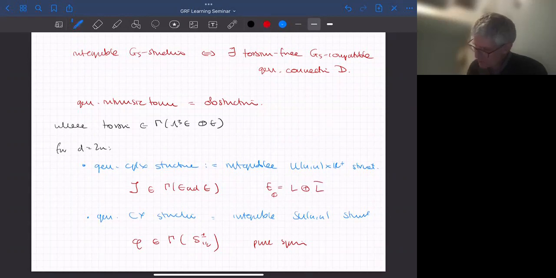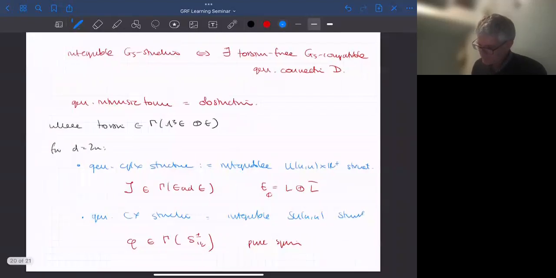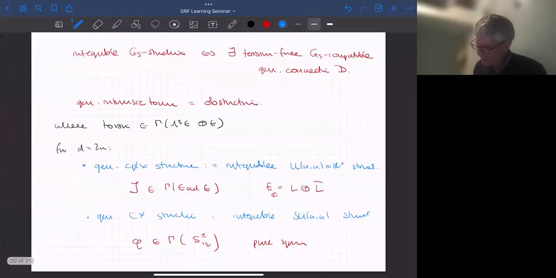And you can keep going. So things like generalized Kähler would be some U(n) times R plus structure, etc. And in each case, the existence of this torsion-free connection gives you exactly the integrability you're used to.